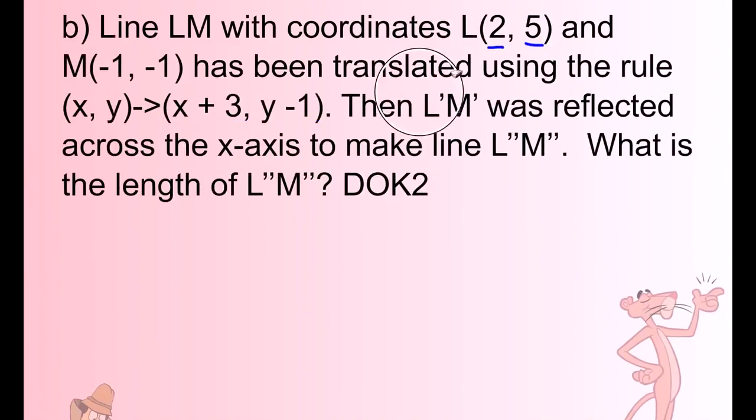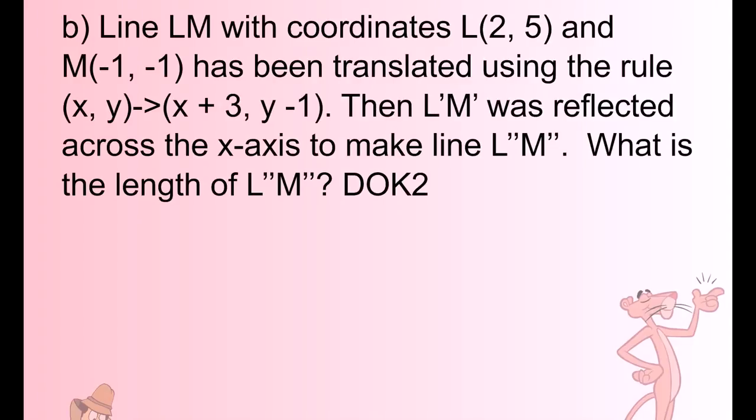Erase. Now, the easy way is only the easy way because if you took a step and thought about it first, or if you recognize this fact, no dilation took place. All of those transformations that happened were rigid transformations, which means the length of the original line will be the same length as L double prime M double prime.